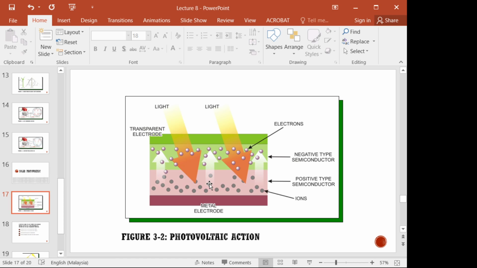So photons flow from the positive type semiconductor to the negative type semiconductor, and the electrons will flow out into the circuit from the negative type semiconductor to the positive type semiconductor via the wire in the circuit, and that generates electricity.